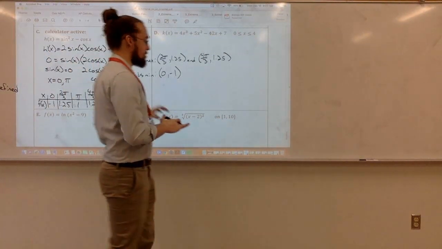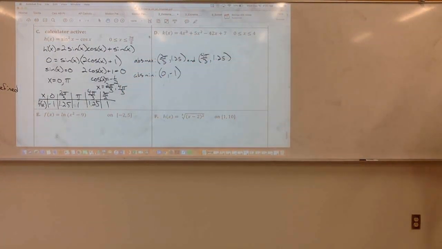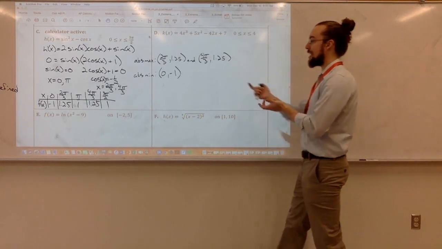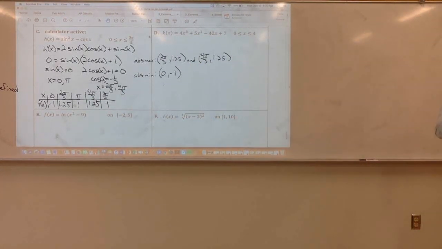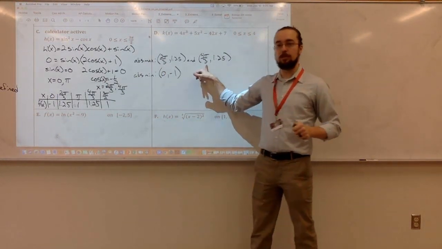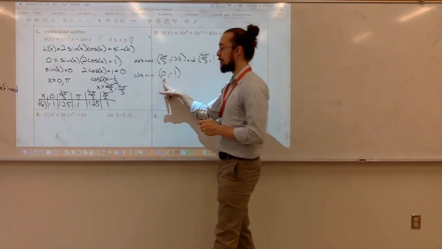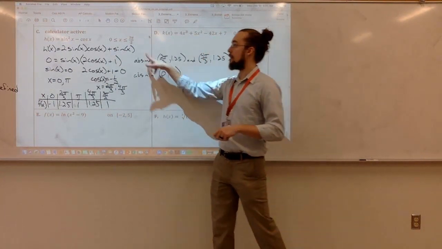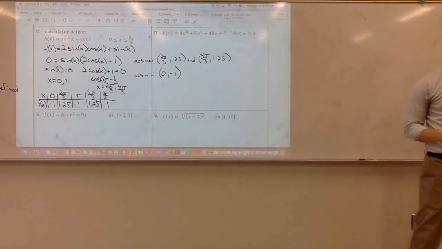Alright, so on C here, I think we should get two places where our absolute max occurs, right? If we get the exact same y value, that means that we hit the absolute max twice, right? And that happens at 2 pi over 3 and 4 pi over 3. And then my absolute min on this interval actually happened at one of the endpoints, at x equals 0, and our value was -1.